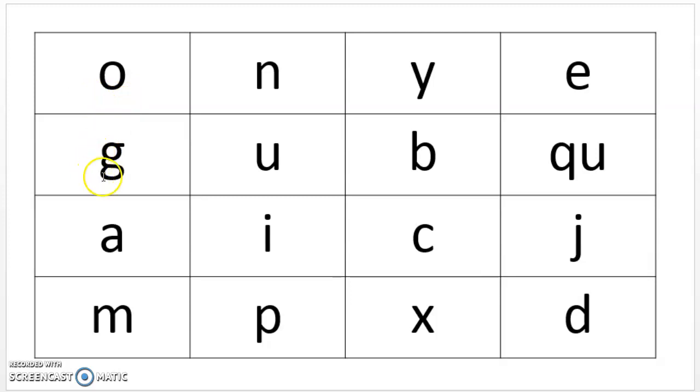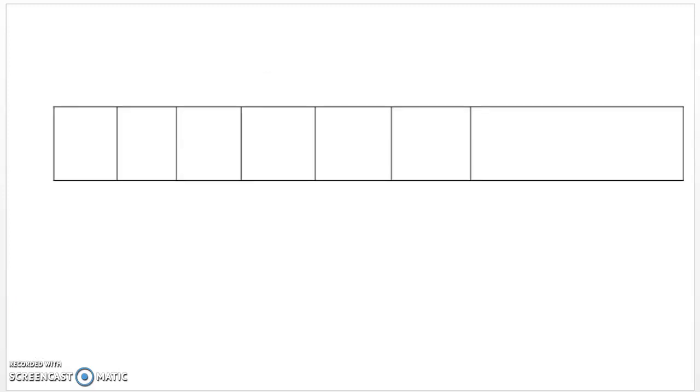Ah, g, eh, n, ih, y, v, k, ks, qu, j, d. Now it's time to read some words, and we're going to do that with some word chaining.